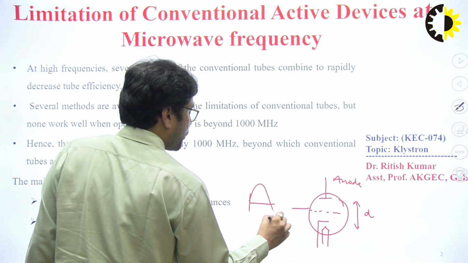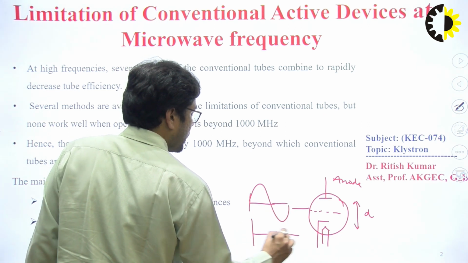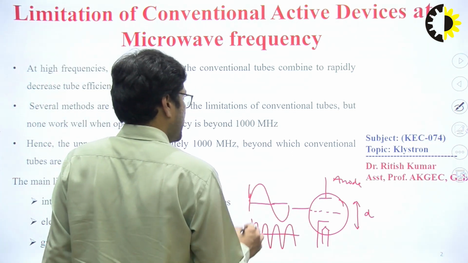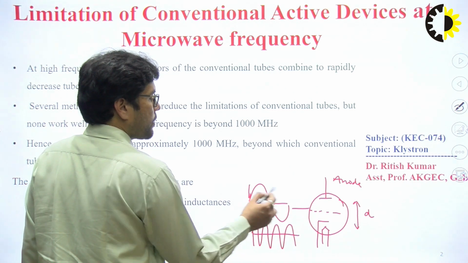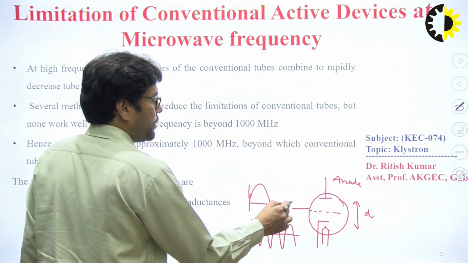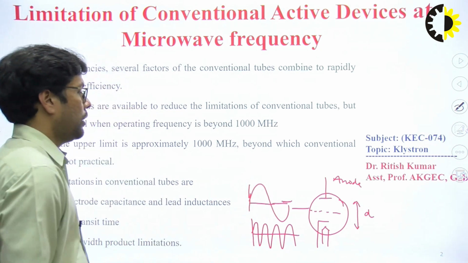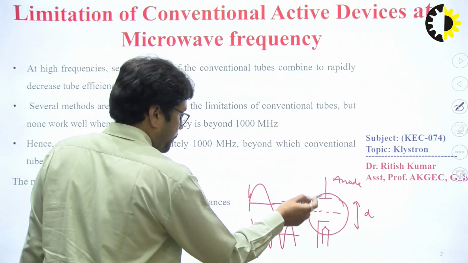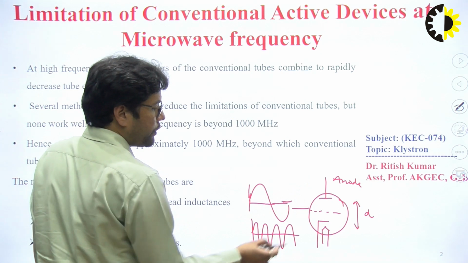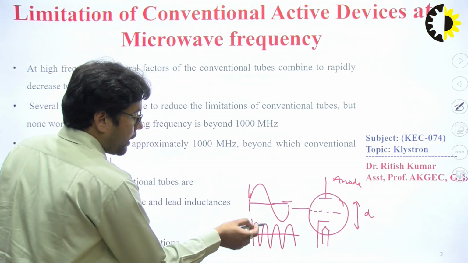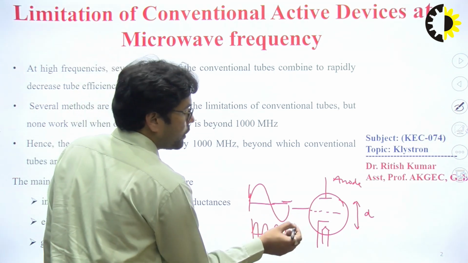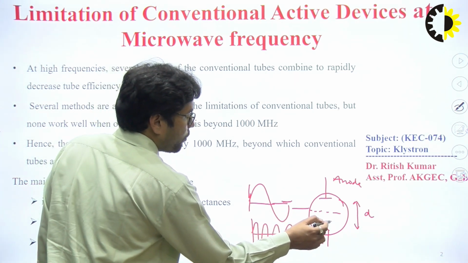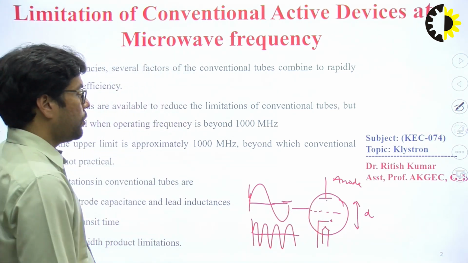Suppose we apply a low frequency signal, and another one is a higher frequency signal. At low frequency, the electron movement is fast compared to the phase change of the signal, so the path of the electron from cathode to anode is not disturbed. If we apply a higher frequency signal, the polarity can change before the electron reaches the anode from the cathode.